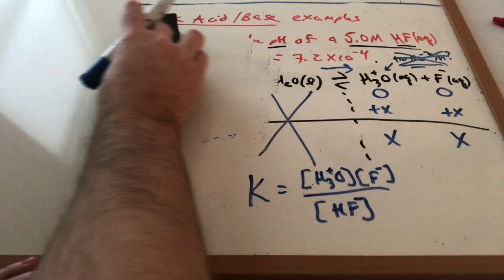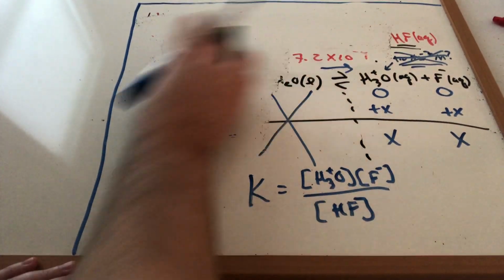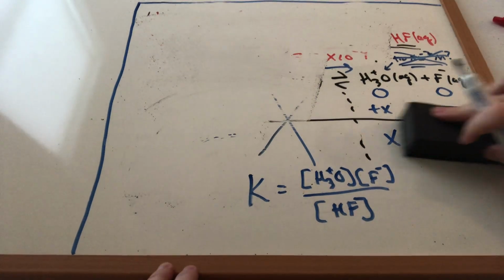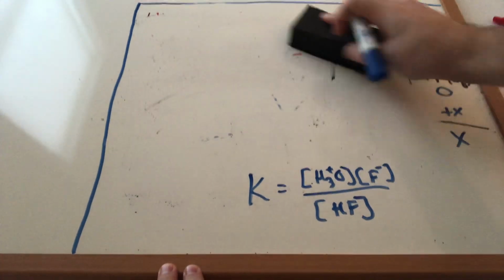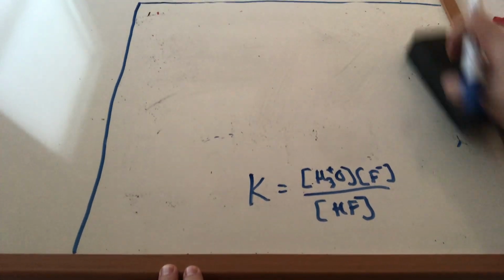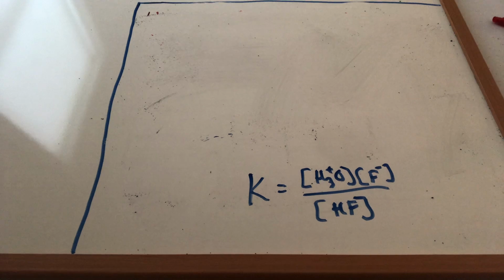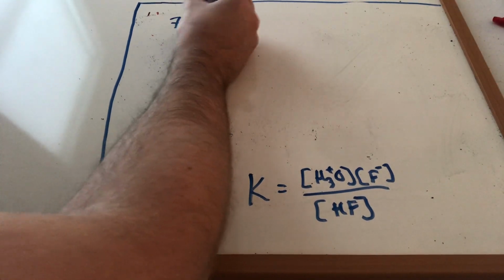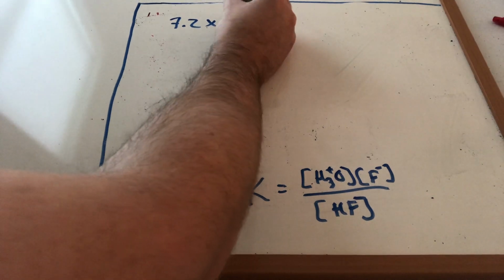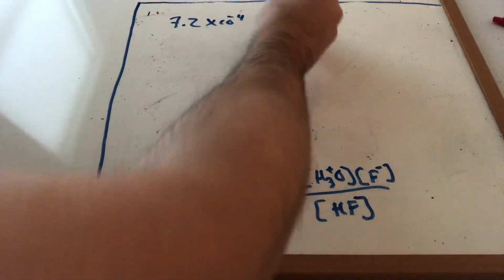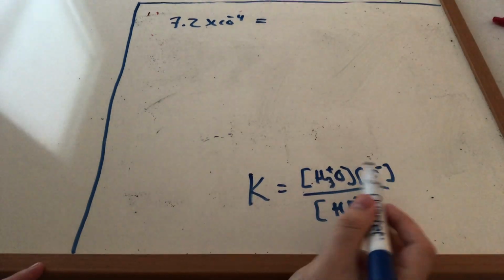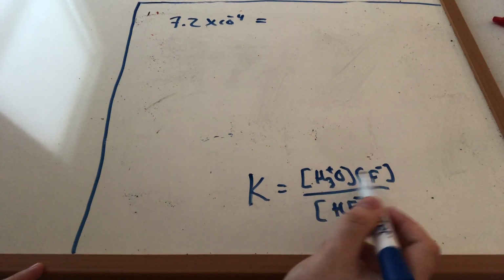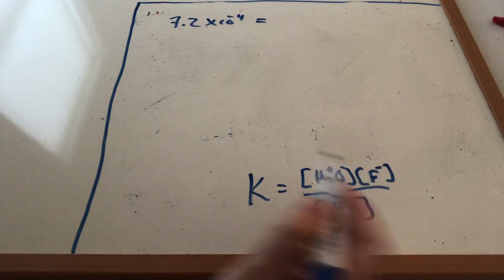Remember, our goal is we're after a pH. We have our setup. We can take the information from our ice table and substitute it into this K expression. The K that I gave you previously was 7.2 times 10 to the minus 4. From our ice table, each of these things on the top here in the numerator, this was an X, this was an X.